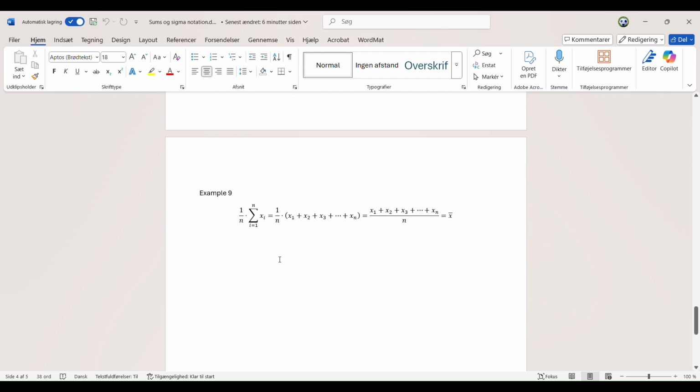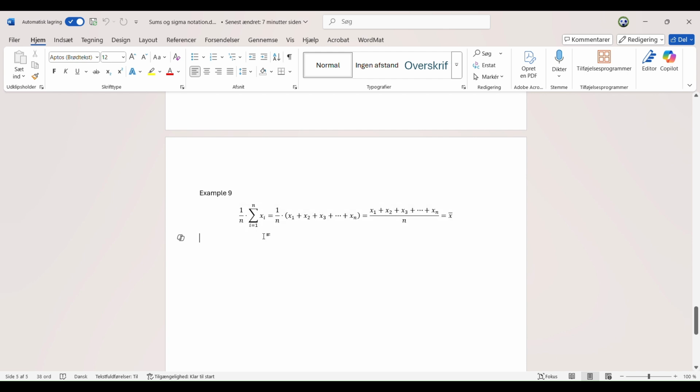Example 9 is from statistics, so we can calculate the mean of some values. So this expression this time has a constant outside our sigma notation, so 1 divided by n. We have this expression using x values, and we've got an index down here that's i, and the index here is also i. We start the lower limit at 1, and our upper limit is a finite number called n this time.